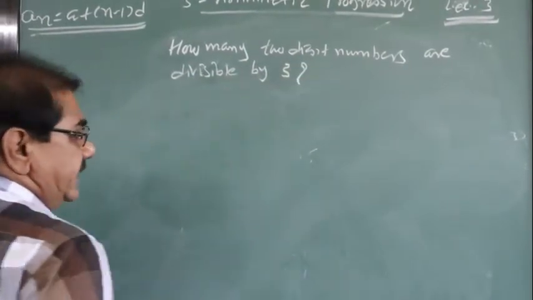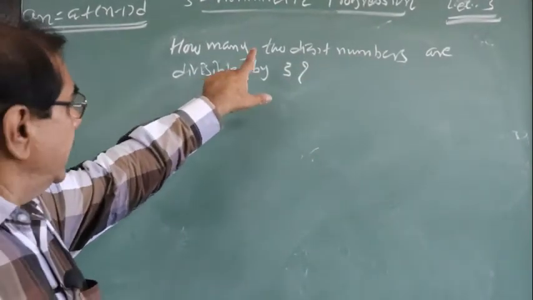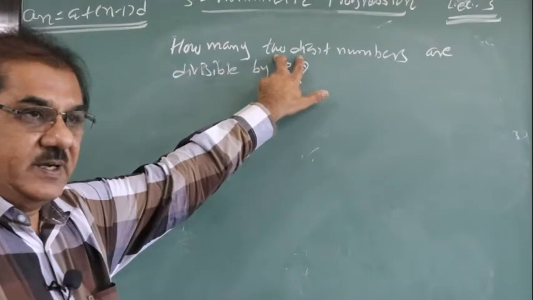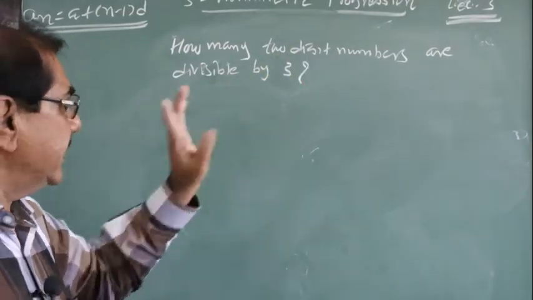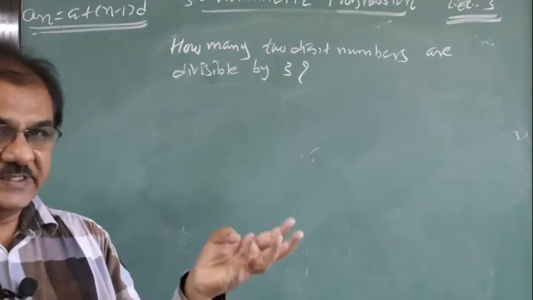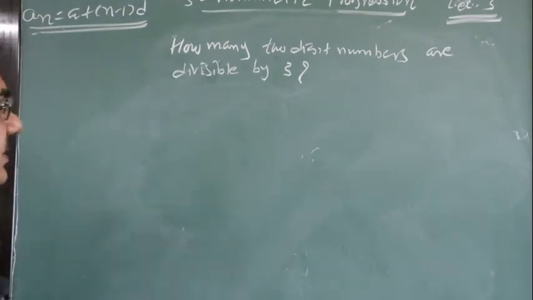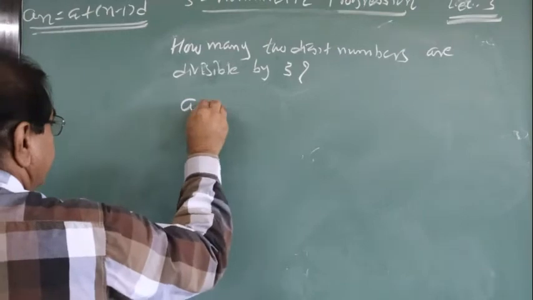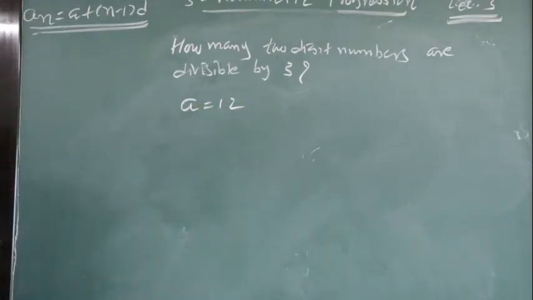Read the question properly. It should be a 2-digit number and should be a multiple of 3. So we start: 3 ones are 3, 3 twos are 6, 3 threes are 9, 3 fours are 12. So the first member of the AP is 12.